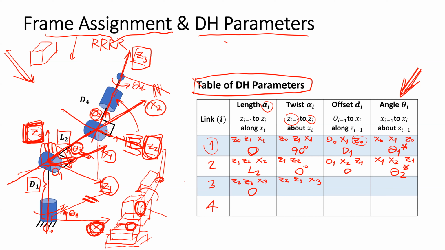I'm gonna set the x3 at this point, and the x3 will be perpendicular to the C3, and your forefinger points to C2, and your thumb points to the direction of x3, and you grasp your fingers by 90 degrees.